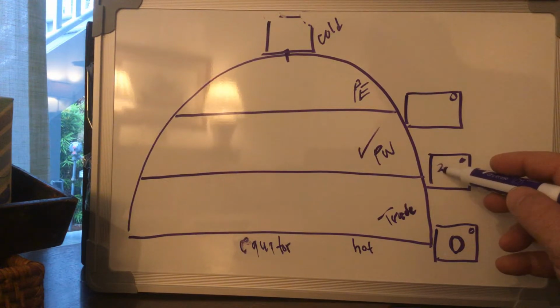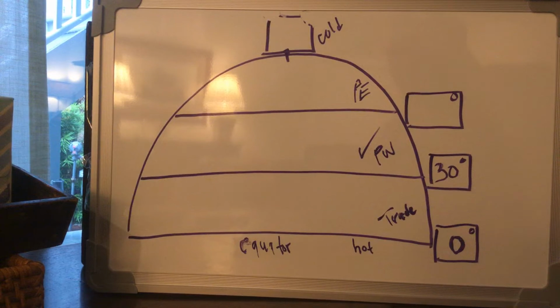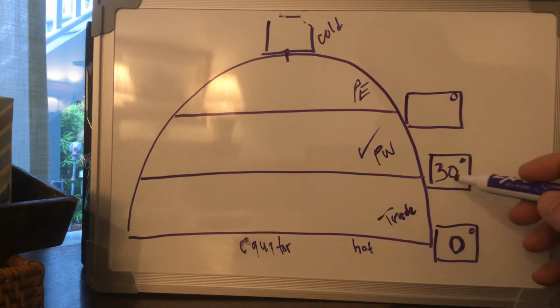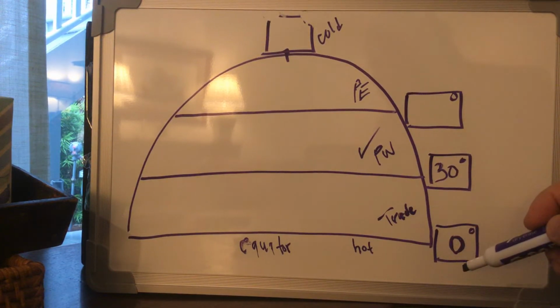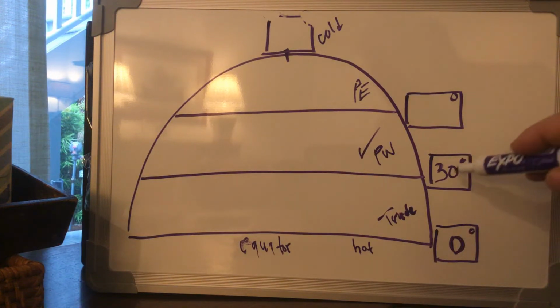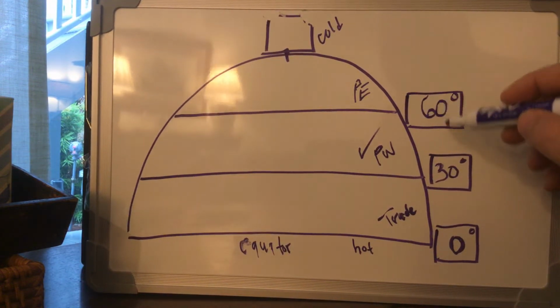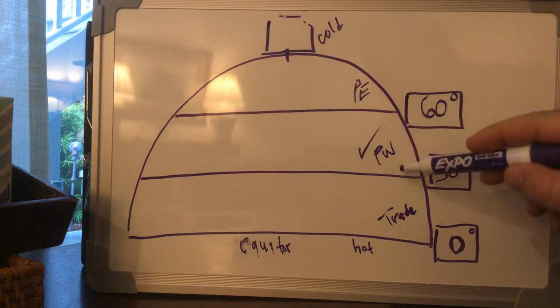This next one's going to be 30 degrees. Okay, so that's going to be the trade winds from 0 degrees to 30 degrees latitude. All right, so if we go from 0 to 30, we skip 30. So this next box is going to be, obviously, 60. All right, so 30 to 60 degrees latitude is going to be the prevailing westerlies.